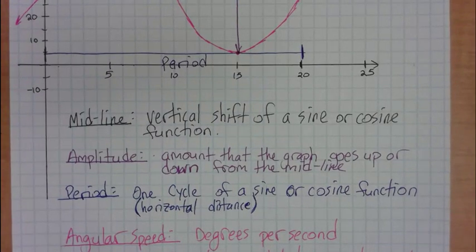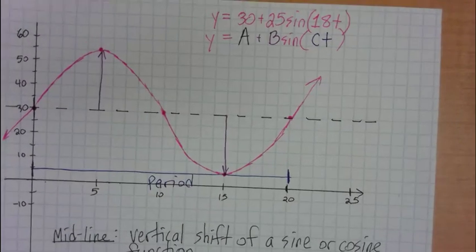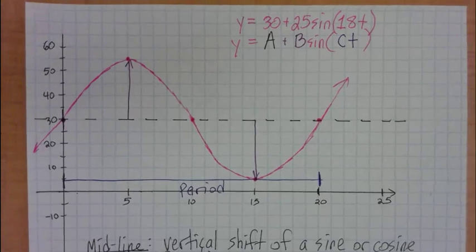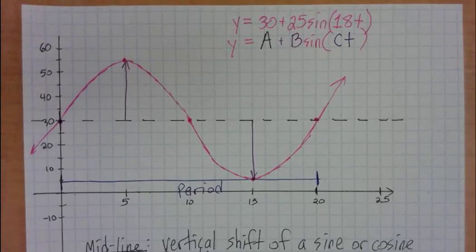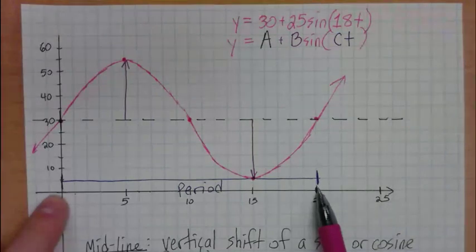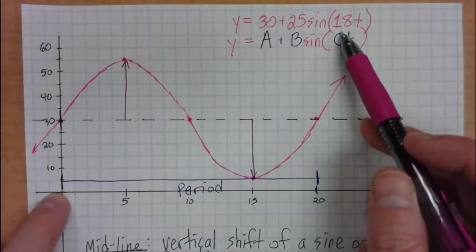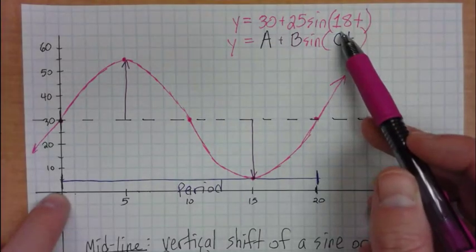If you think about our example here, that 18 could represent 18 degrees per second. It could also represent that if we know that one cycle is 20 seconds, which we see as our period, if we did 360 divided by 20 seconds for one cycle, we would know that 18 cycles finished within 360 degrees.